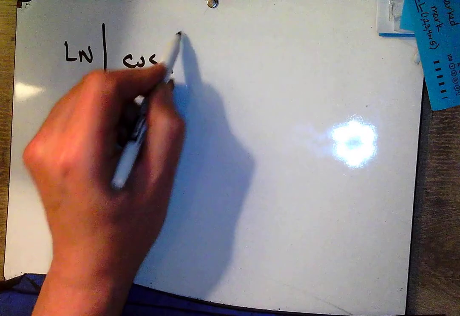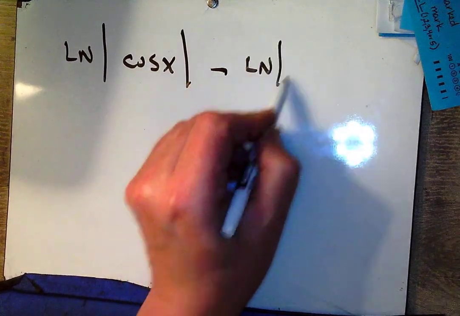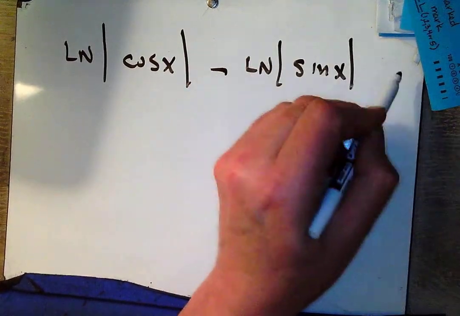Anything else? Yes, I have just a couple more to look at with you. This is another absolute value thing. That's what I wanted to look at: ln cosine x minus ln sine x.